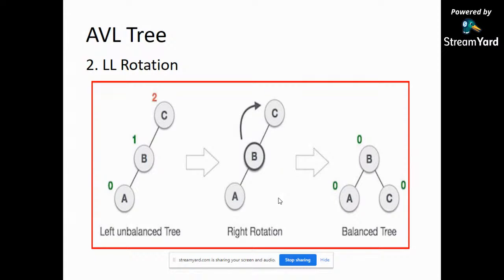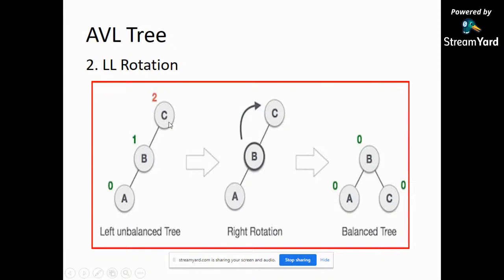This happens because a node is inserted into the left subtree of the left subtree of node C. So that's why the balance of C changes. So it is 2 because the height of the left subtree of node C is 2 and the height of the right subtree is 0. So 2 minus 0 is 2.